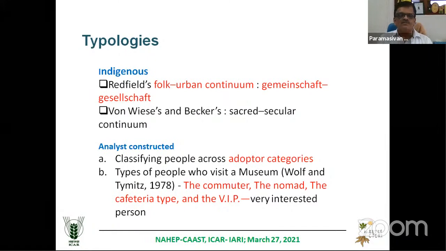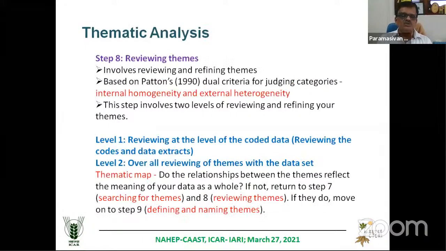And finally, when you are identifying the themes, you have to review the themes based on certain criteria, internal homogeneity and external homogeneity, and you have to review the thematic map. That means you have to identify how the themes were extracted, and you have to review the names of the themes. For every theme you extract, you have to give a definition, like I said about the civility example.